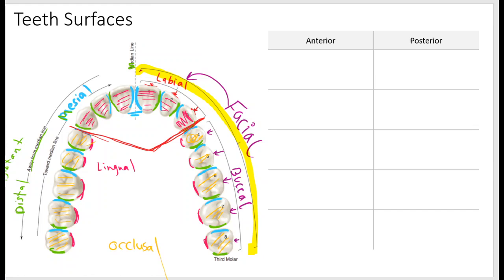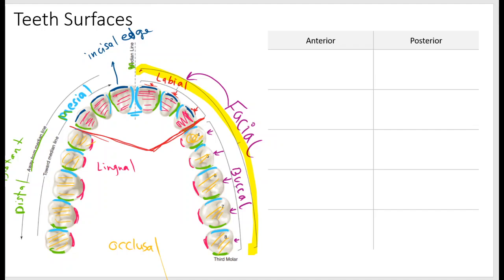And one more, I hope that I didn't forget anything else, and that would be the, I'm trying to find a good color, maybe this blue. This is the incisal edge, right? Remember we said we don't have a cusp on the anterior teeth. Instead we have an edge. So this is the incisal edge. Okay.